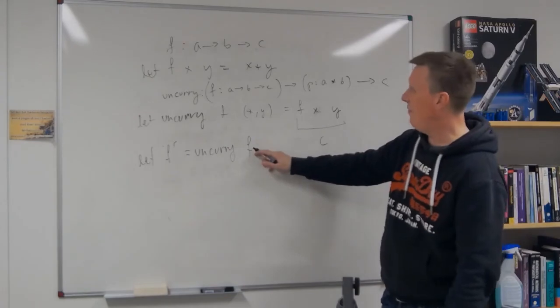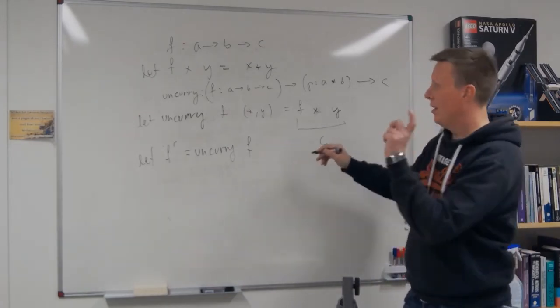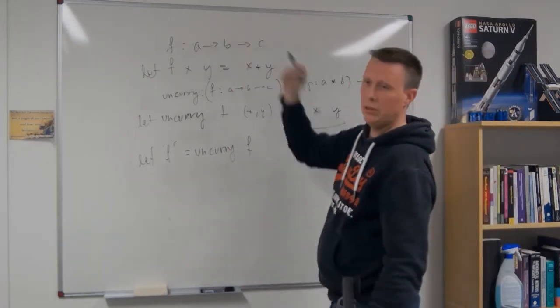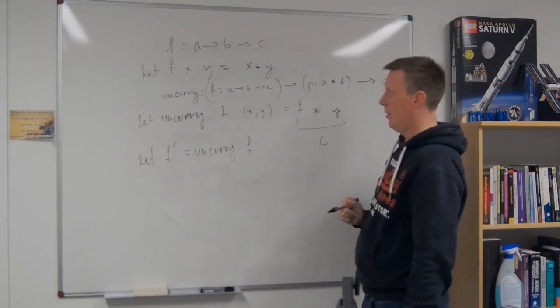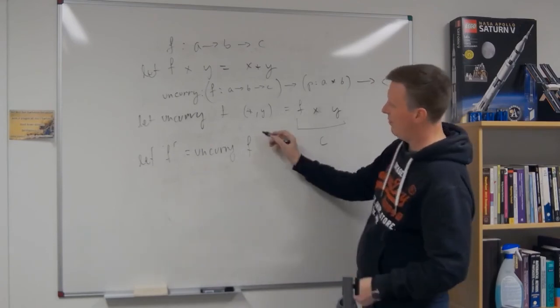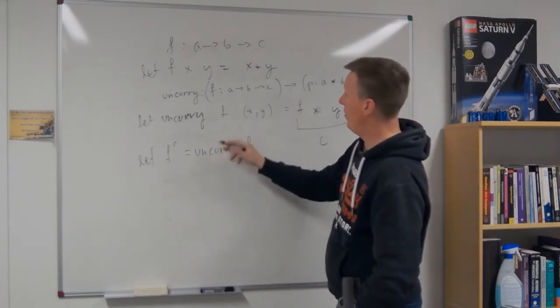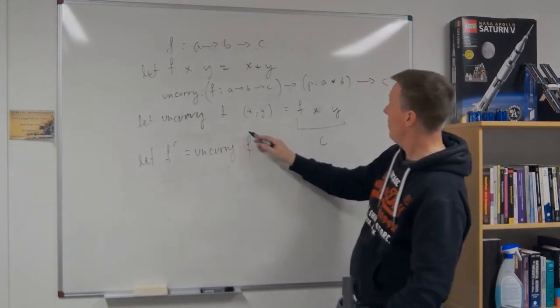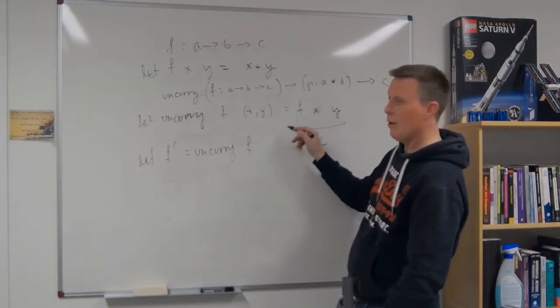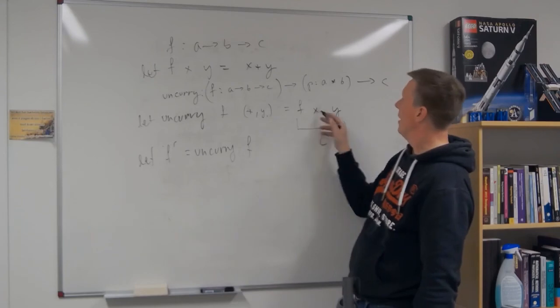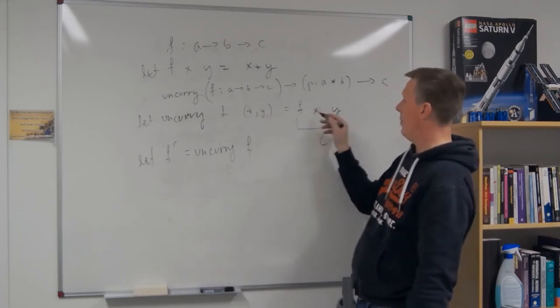So it takes f, and this is a function of two variables, not a single pair, but a function of two variables. I pass it into this guy. We can say, okay, what happens? Well, it's going to store it here and wait for me to give a pair. And once I give the pair, I'll unpack the pair and give those.